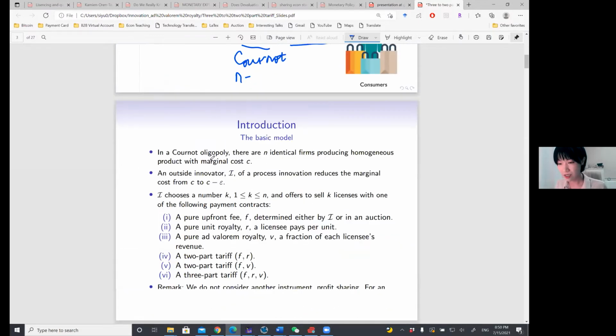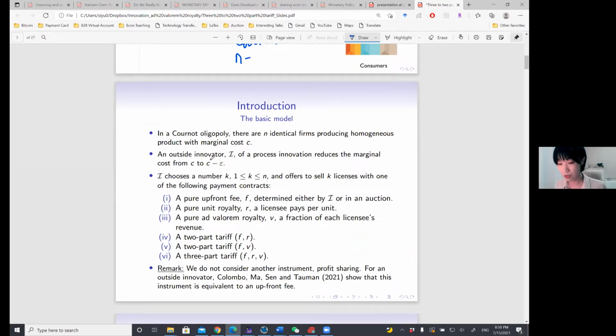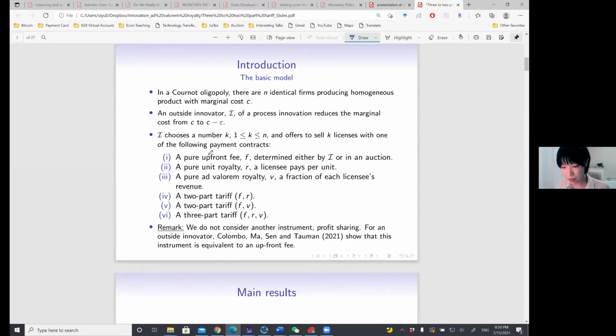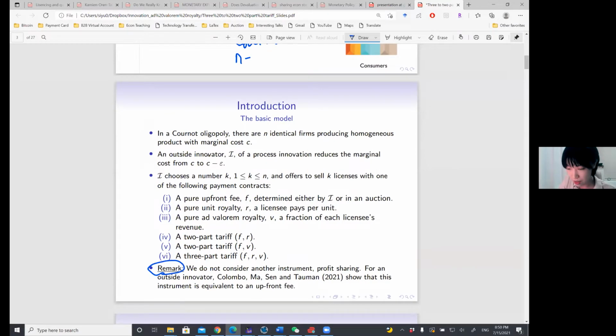Here we just formalize what I just described, and there is a remark we want to emphasize. We only consider 3 instruments: fee, unit, and ad valorem royalties. We didn't include a profit sharing mechanism in our model, because in the paper jointly with Stefano, we showed that for an outside innovator, profit sharing is equivalent to an upfront fee.